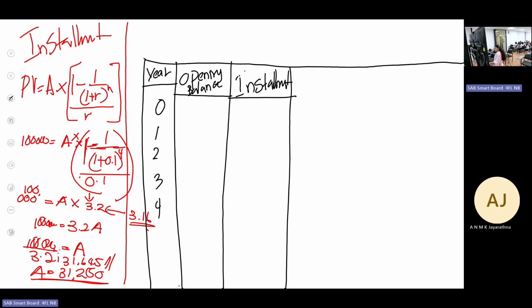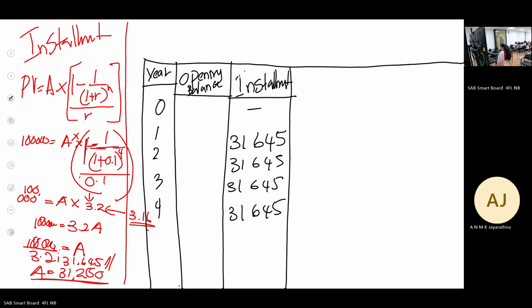What is the installment? No installment for the first year, year 0. 31,645, 31,645, 31,645, and 31,645.